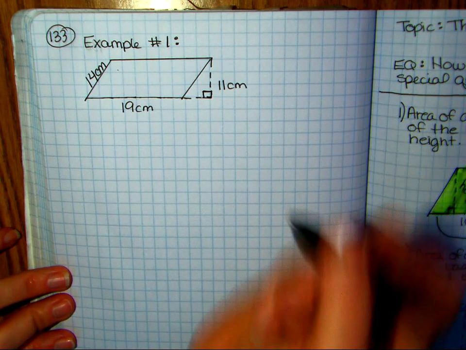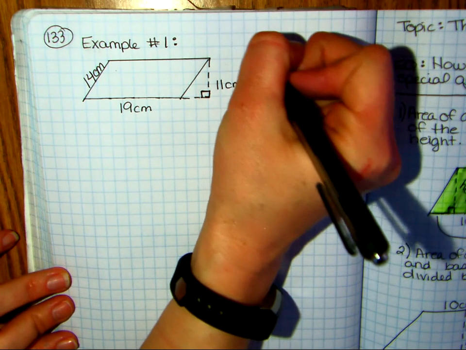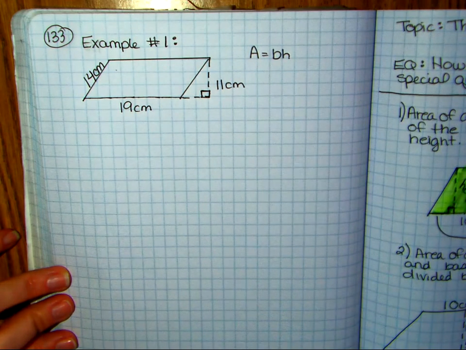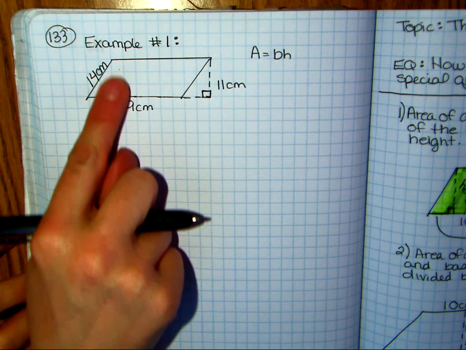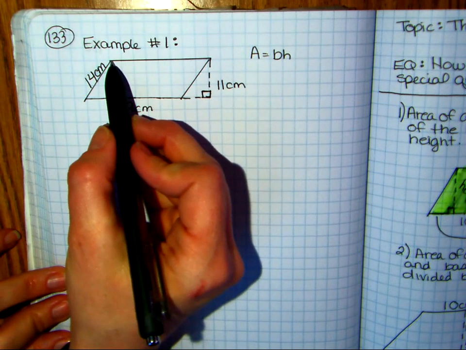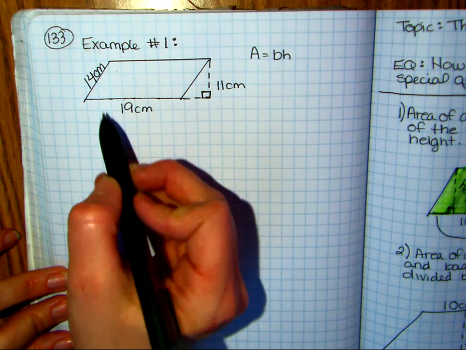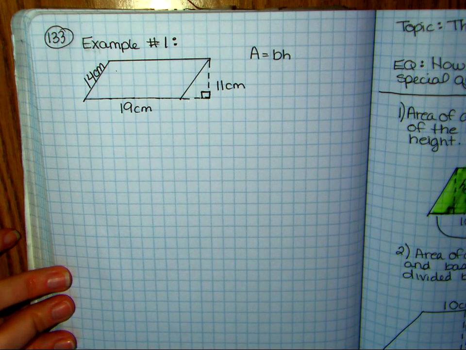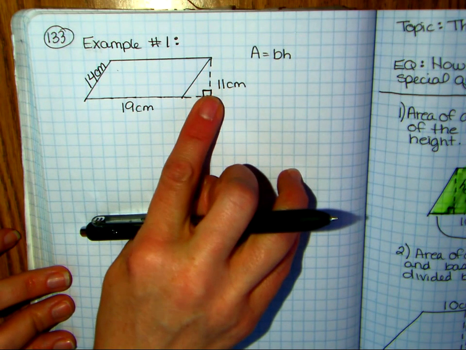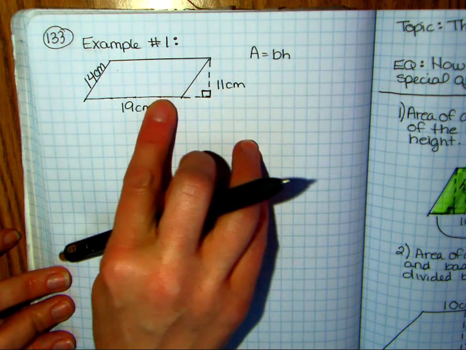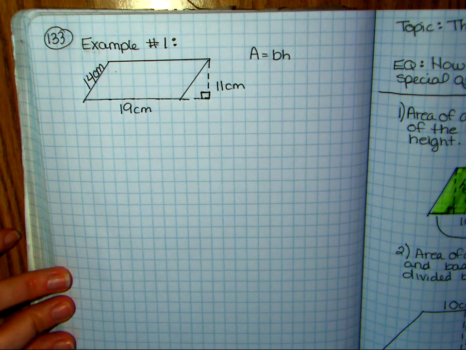But what I want us to find is the area, and remember the area is the base times the height. The height could be in here, where I connect this vertex and this base together and create a right angle, and I could measure it and say that's 11. But sometimes they will put that information outside of the parallelogram and show you that this is what that distance is. Either way works, it's just sometimes they write it in different places. So be prepared for that.